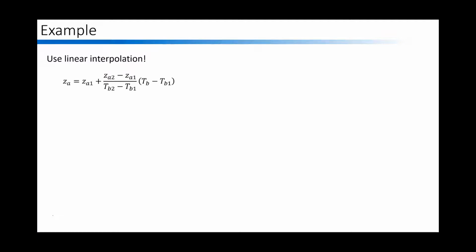I can take that linear interpolation equation: the true zA that we want is equal to zA1 plus (zA2 minus zA1) over (TB2 minus TB1) times (TB minus TB1).